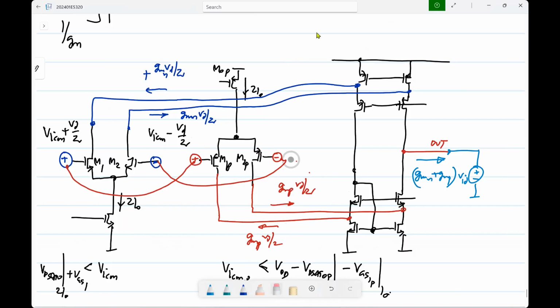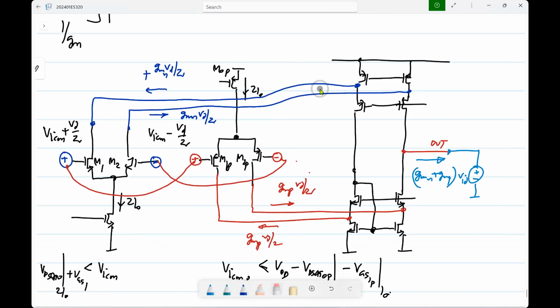In fact, the input common mode range can even be higher than the supply rails a little bit on either side. That depends on the exact values of VT and so on. But at least it's not asymmetrical like when you have only a single differential pair. Okay.